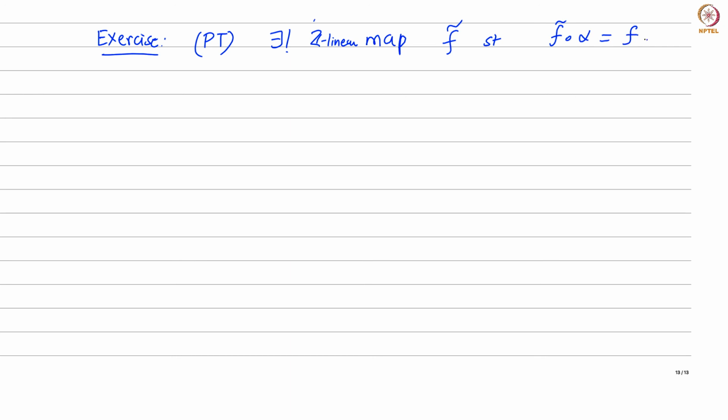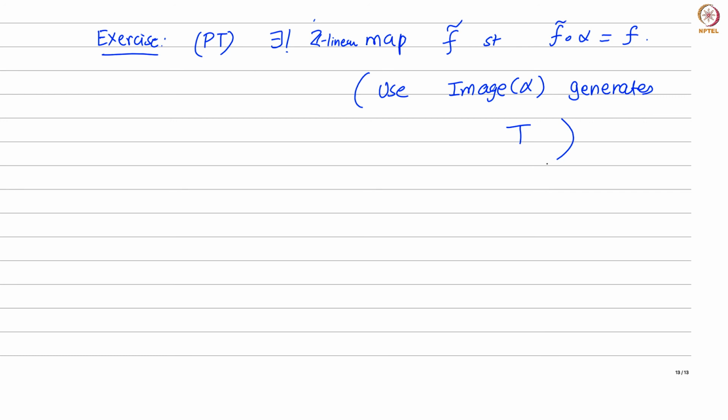Okay, and again the argument is similar to what we did before. You have to use the same facts as before, that the image of alpha generates the group T as a Z module.